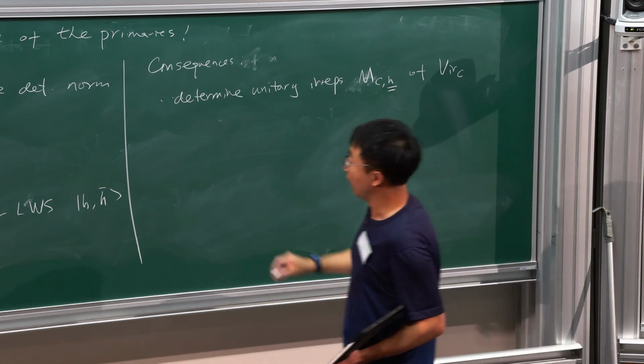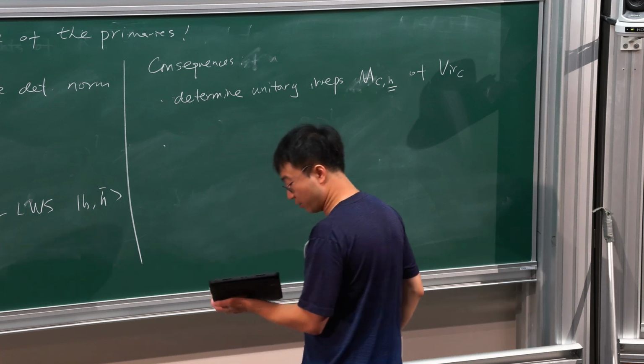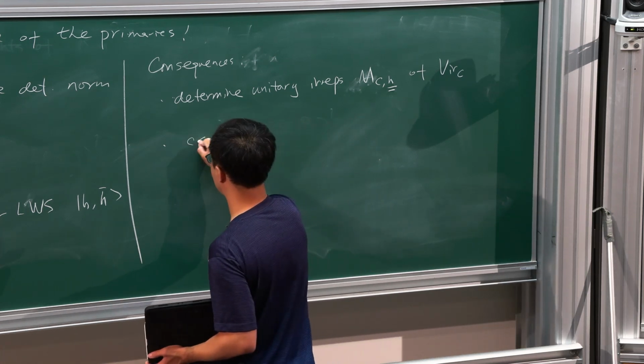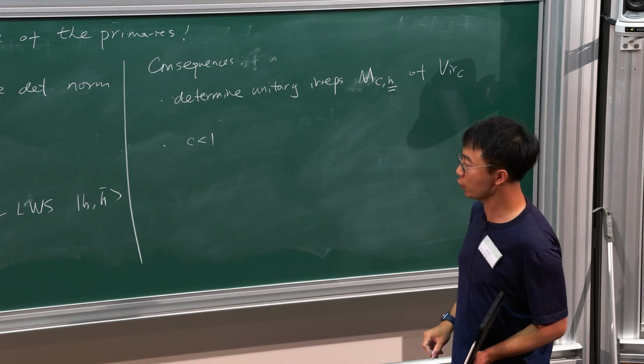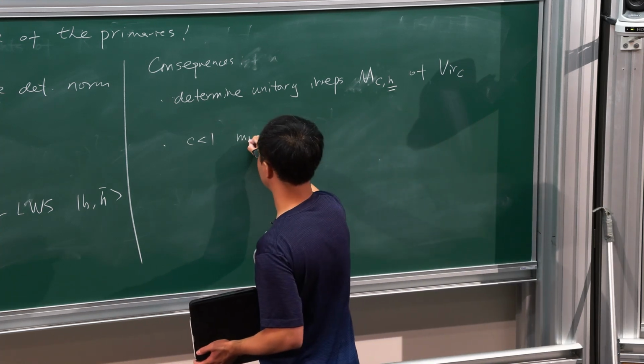Okay. And furthermore, you find that for small central charges, namely for c smaller than 1, there's a discrete set of solutions that leads to the so-called minimal models.